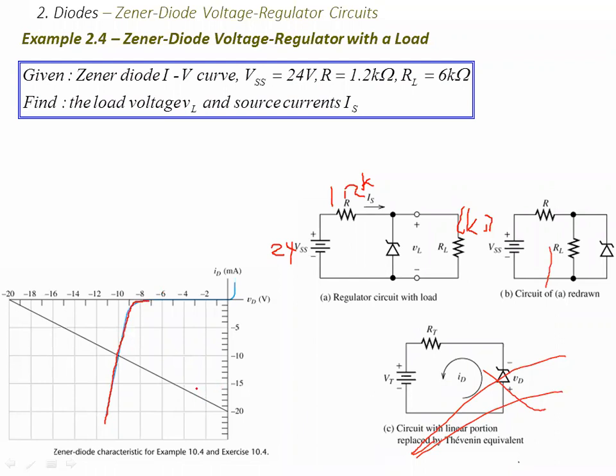So this is its DC load line, right? DC load line. And this is characteristic F. So this is our operating point for what? For our diode, right? So what does it mean?